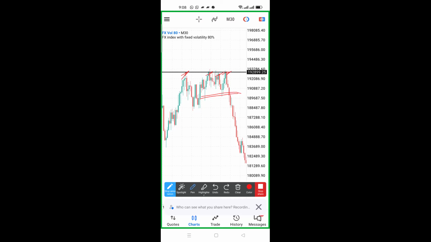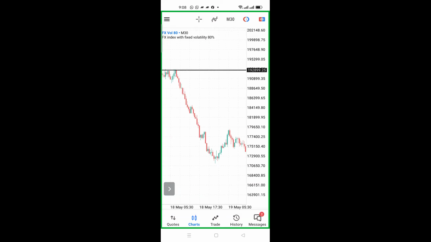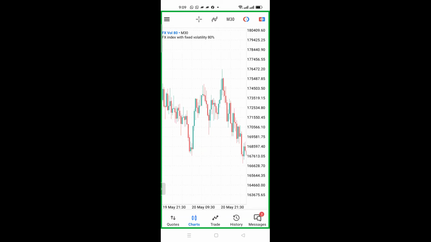That is what you call a change of trend. And what happened? The market came down from that level. So this is a resistance, it is a ceiling. Okay, so now let's go and identify support.